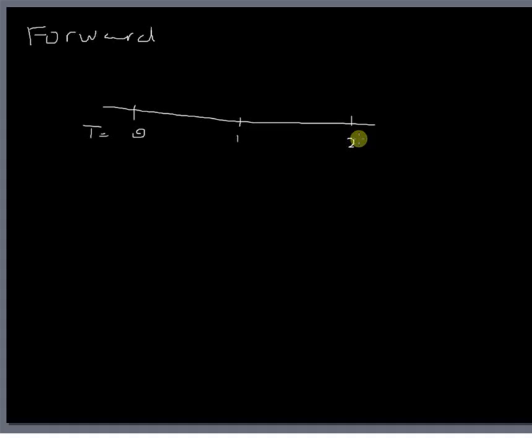So the question is, what is the rate that you will charge him in 1 year's time? Remember, now we are thinking about the forward rate, so the question to ask is, what is the rate that you're going to charge him in 1 year's time? So if you draw the graph, this is the rate that you'll be needing to find out.